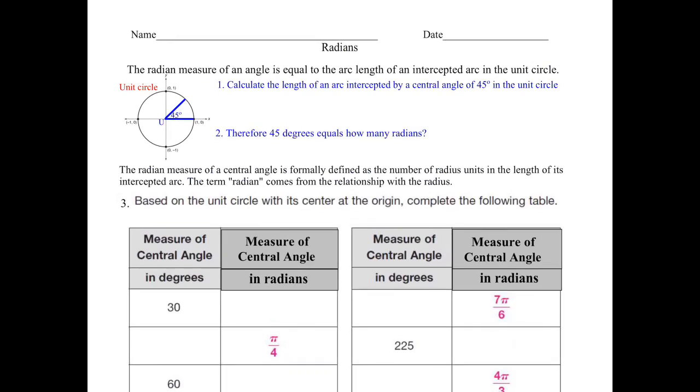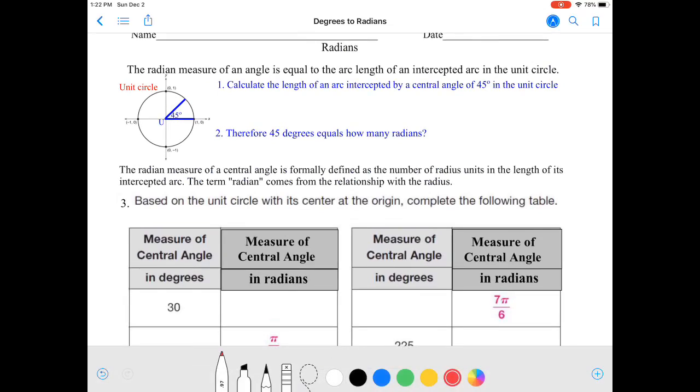That's going to be this arc here that I'm going to highlight in red. There it is. So now we're going to use our conversion to figure out what 45 degrees is in radians.